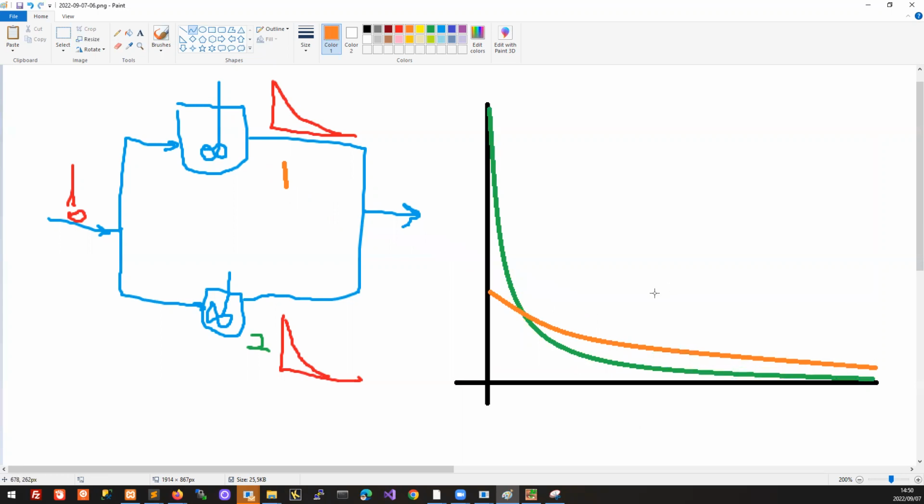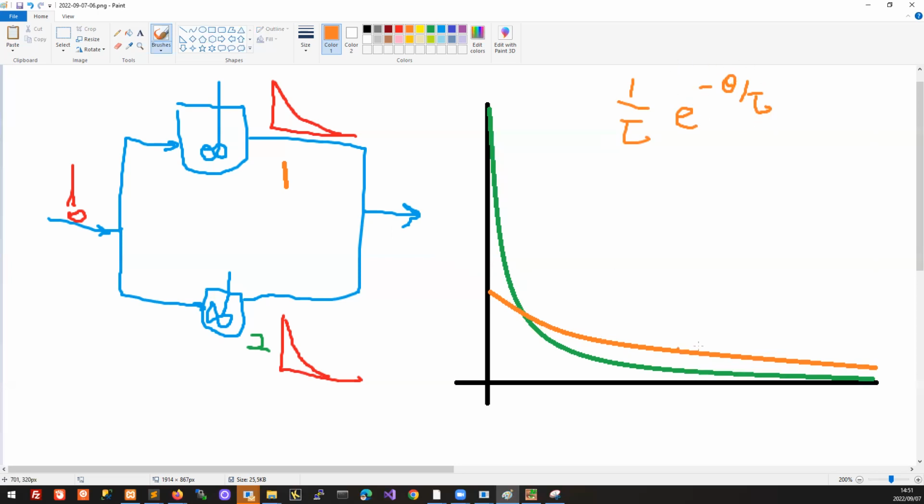Because if you look at the equation, it's 1 over tau e to the minus theta over tau. If your tau value is large, then 1 over tau is small, so it will decay more slowly.